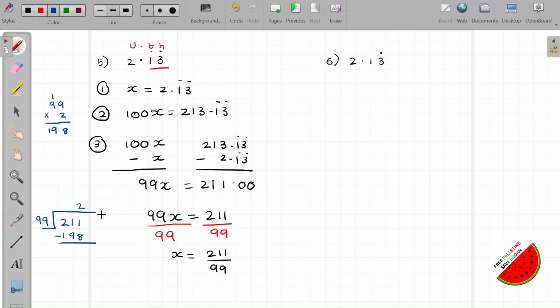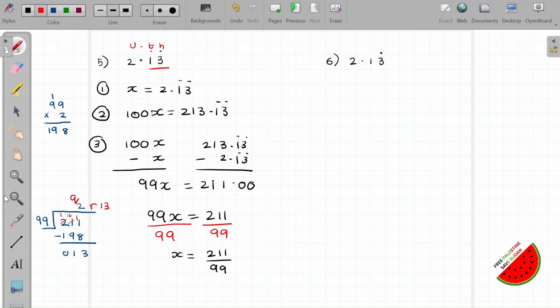And then if you subtract that, I'll just do the borrowing here. So that'll become 11, and then that'll become 10. Oh, it was in blue. So 11 take away 8 is 3, 10 take away 1 is 9, 1 take away 1 is 0. So we have a remainder of 13.